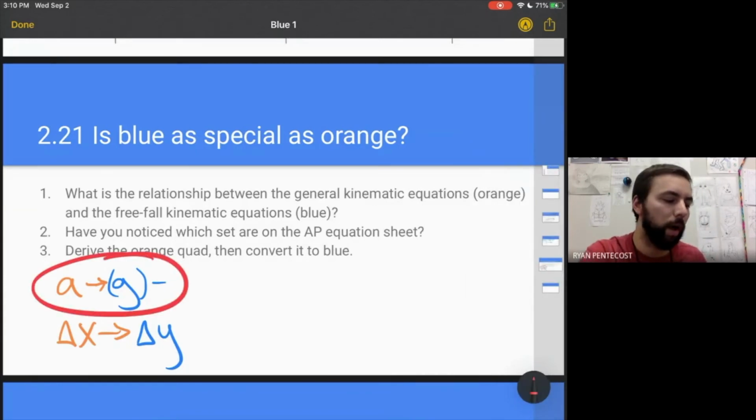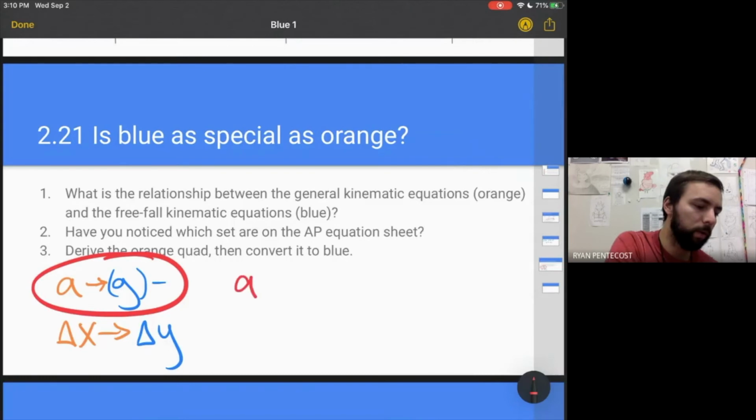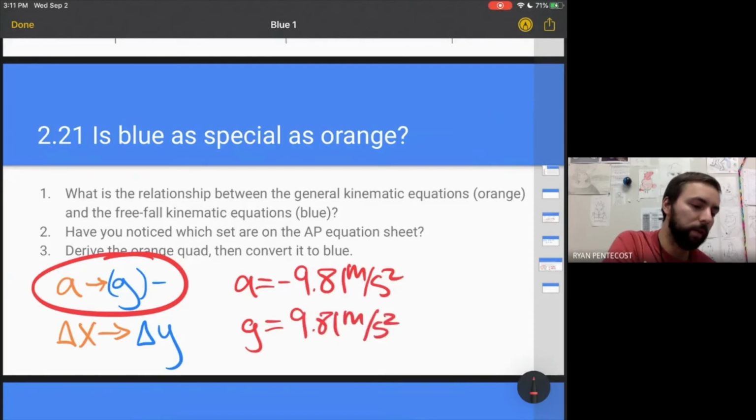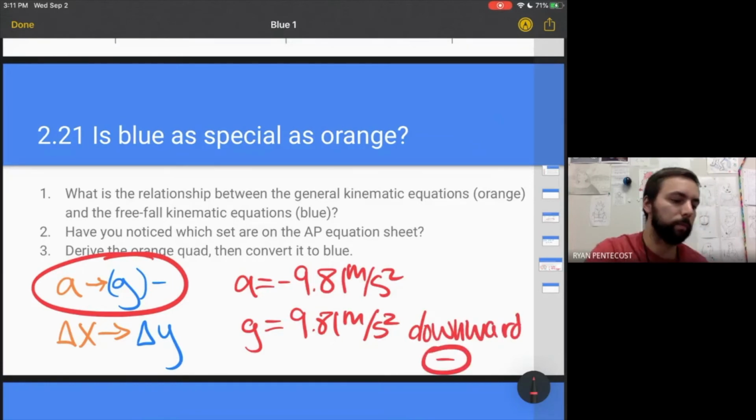So I will stick to the orange equations because in a free fall, we know that acceleration is negative 9.81 meters per second squared. Now, g equals 9.81 meters per second squared, but then you also have to say that it is downward and throw in that negative.